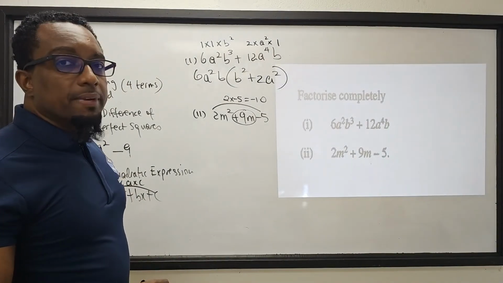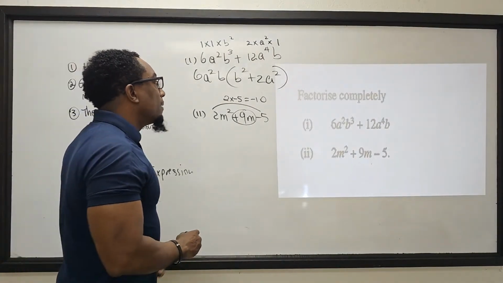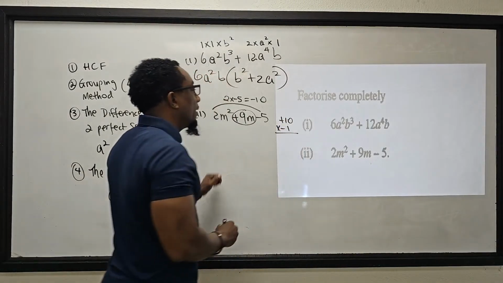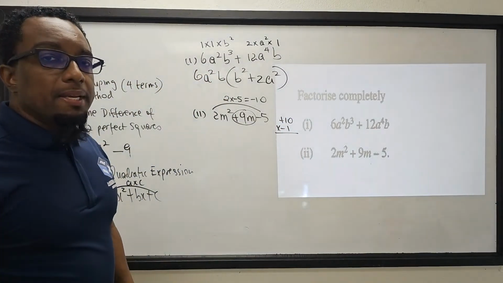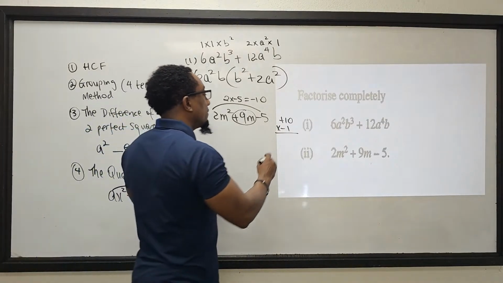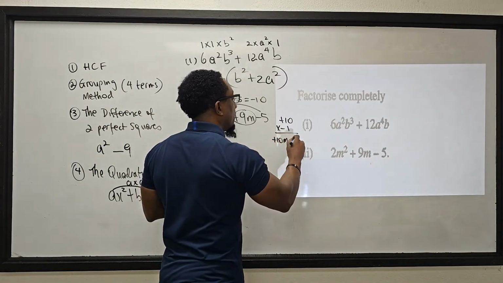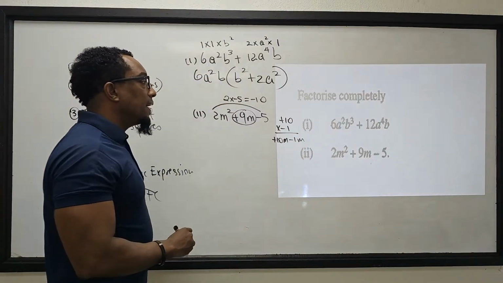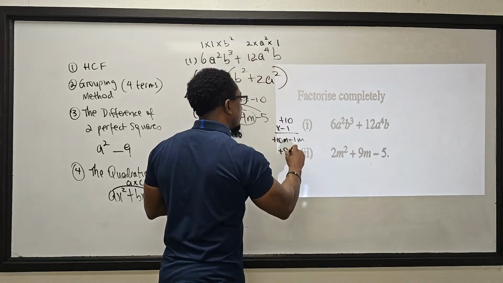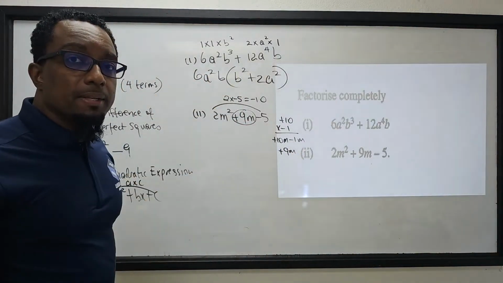So the 2 factors of negative 10 will be positive 10 by negative 1. Positive 10 by negative 1 gives me negative 10, but positive 10m and negative 1m will give me positive 9. So I've achieved my middle term.